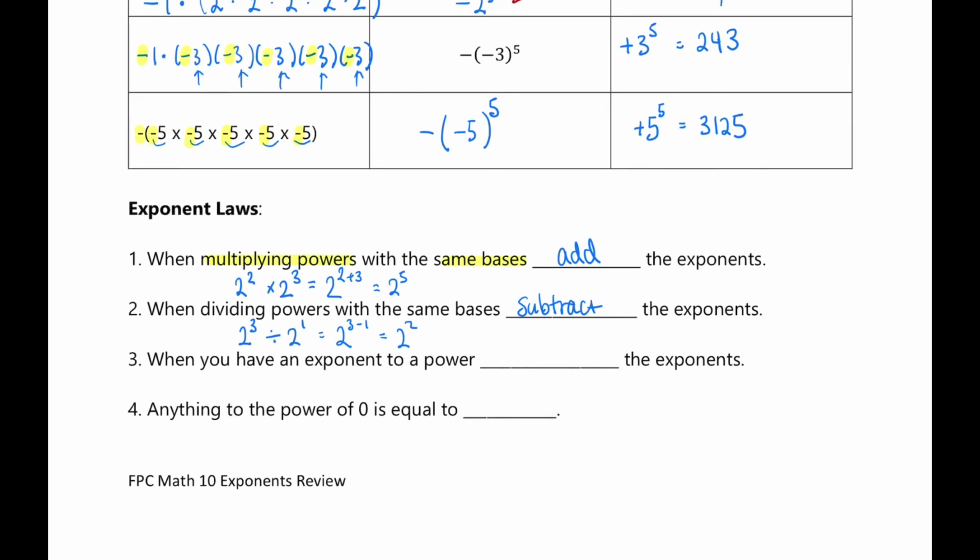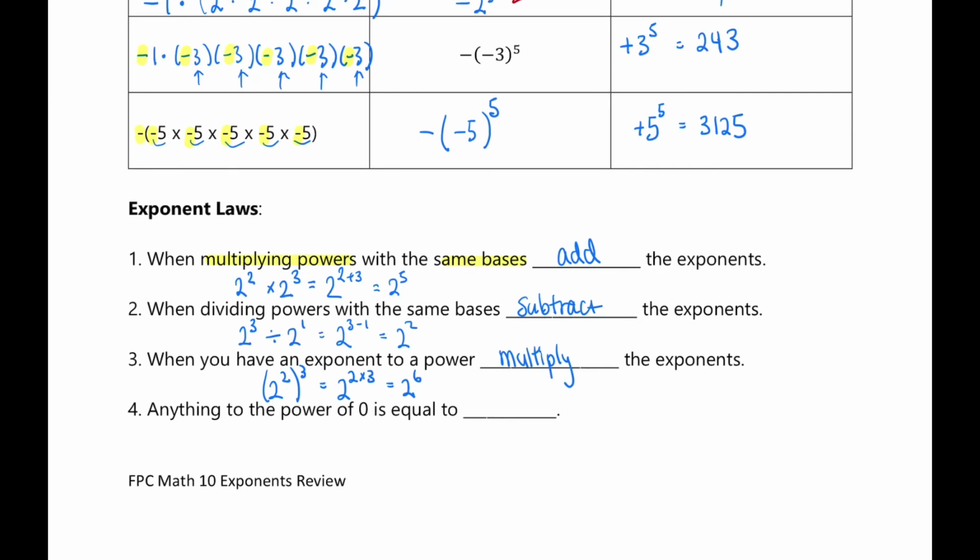Number 3, when you have an exponent to a power, we multiply the exponents. So let's say 2 to the power of 2, all to the power of 3. This is when we have to multiply the exponents. So the answer would be 2 to the power of 6.